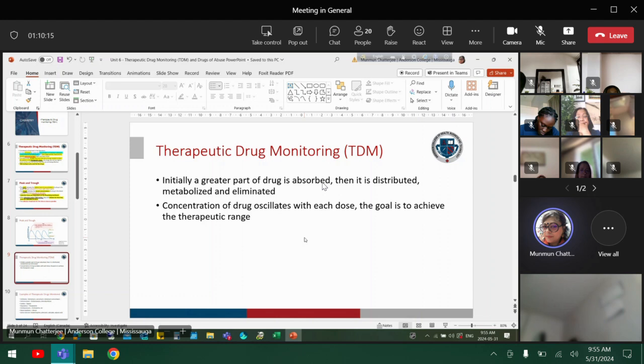First you take the drug, it is absorbed through your body, then it is going to metabolize, because any drug is not going to come as the same drug in your blood, since it is broken down. That is called the metabolite. So it is metabolized and then eliminated. So the concentration of the drug oscillates with each dose, and the goal is to achieve the therapeutic range.